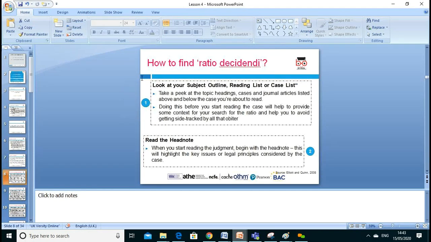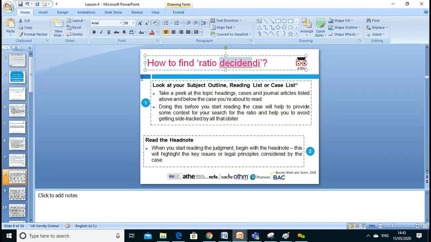Okay, then how to find this reason or the facts? Look at your subject outline and read the case list. So you look at the case list, case laws. Take a peek at the topic heading. Look at the heading. Look at the case and the journal article listed below the case and read.